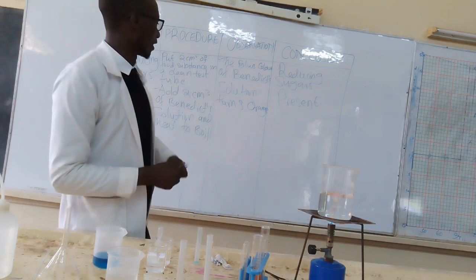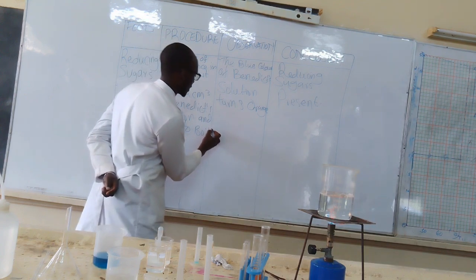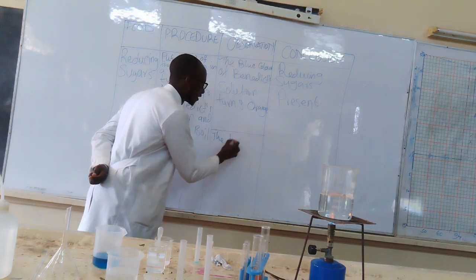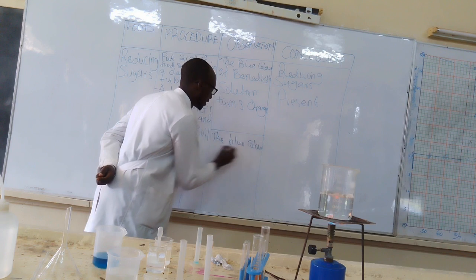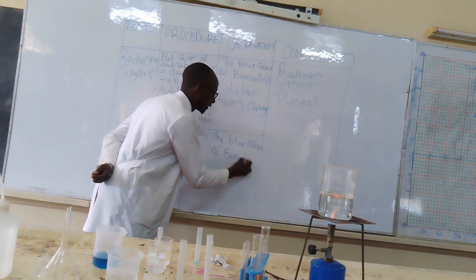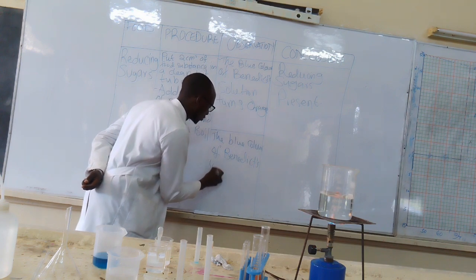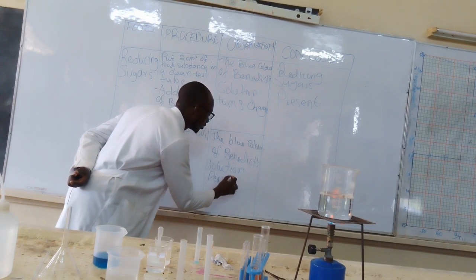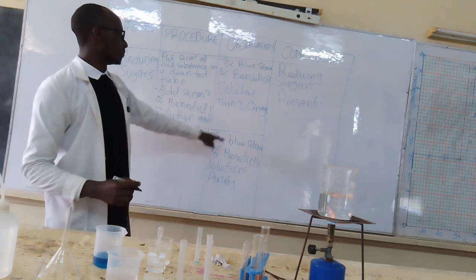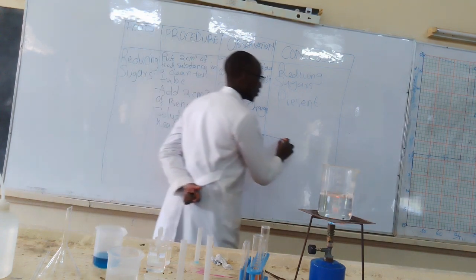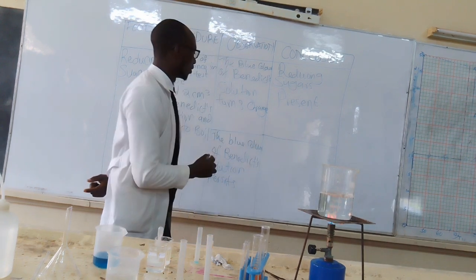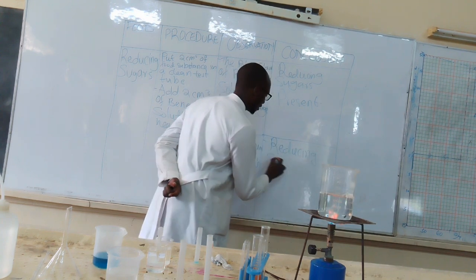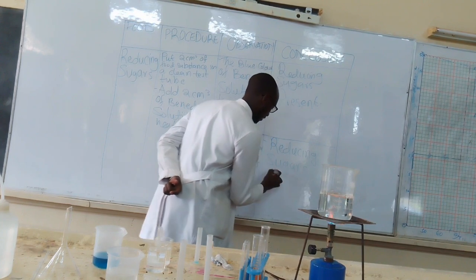So how are we going to record that? If after you heat, you find that the blue color of Benedict's solution persists, then the conclusion that you are going to make is that reducing sugars are absent.